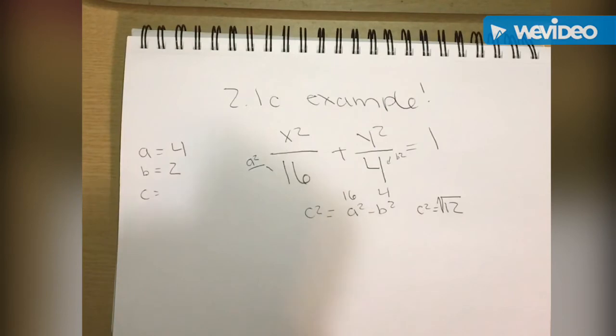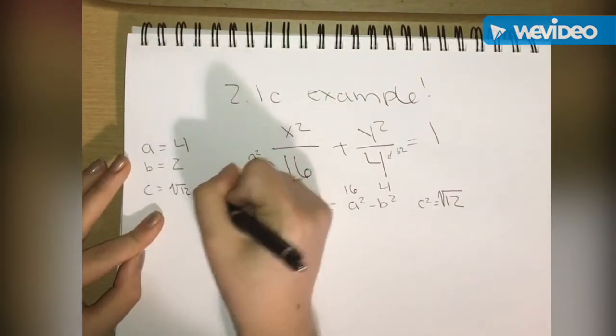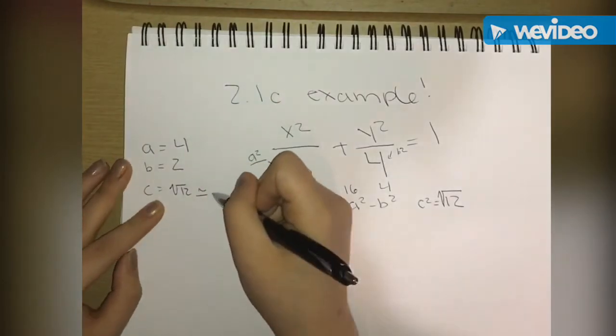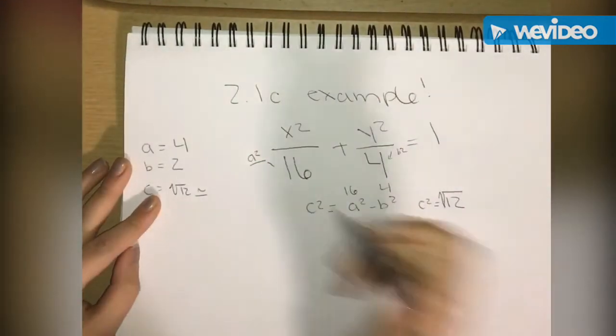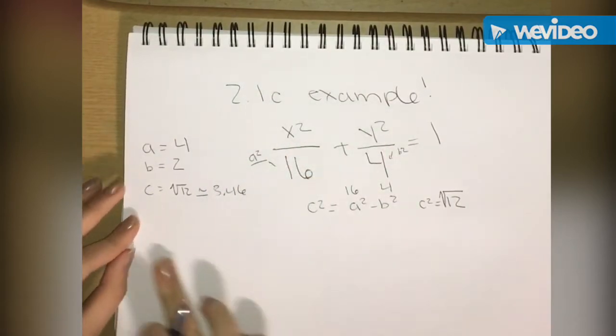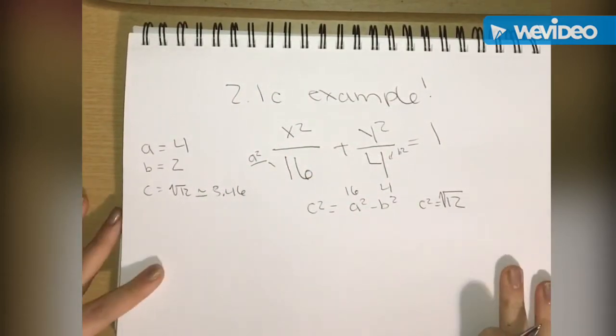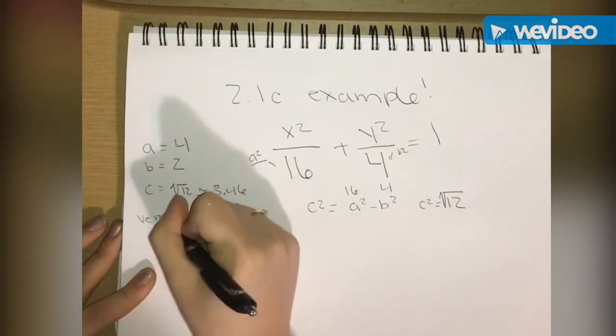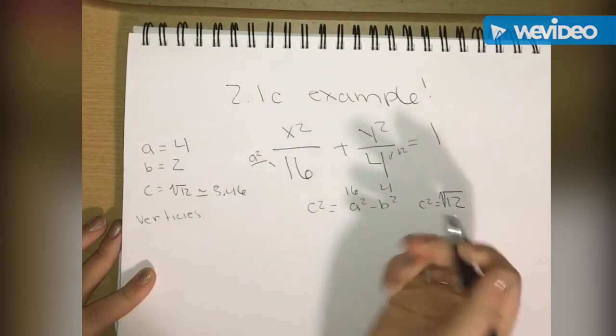So our c is going to equal just about, the square root of 12 is approximately 3.46.